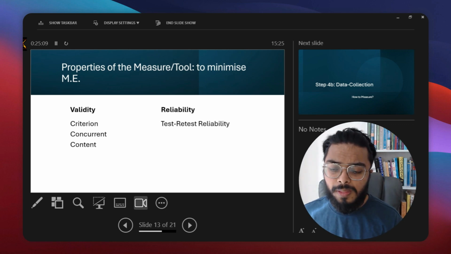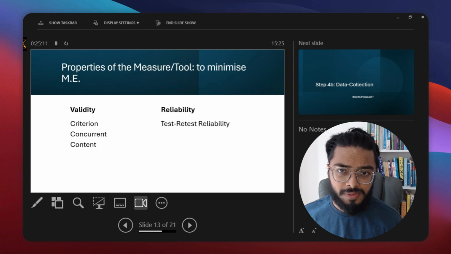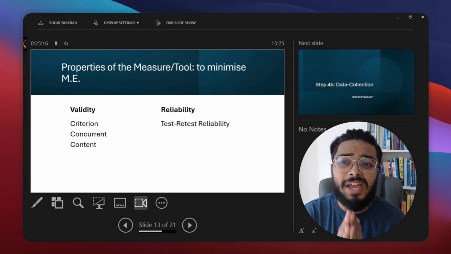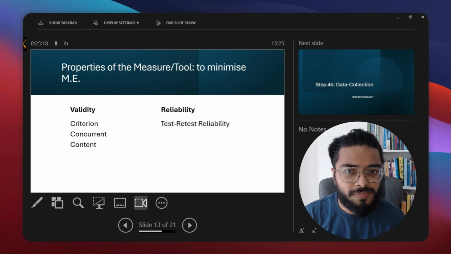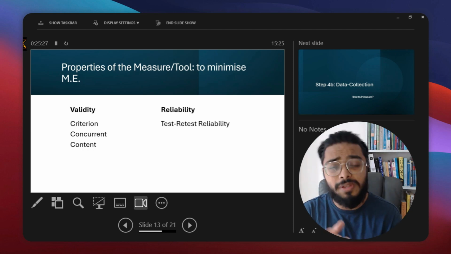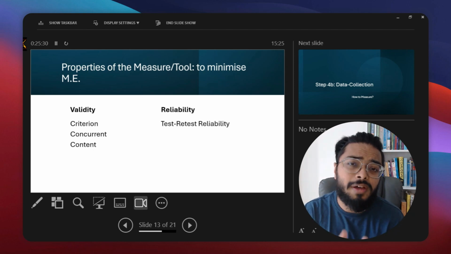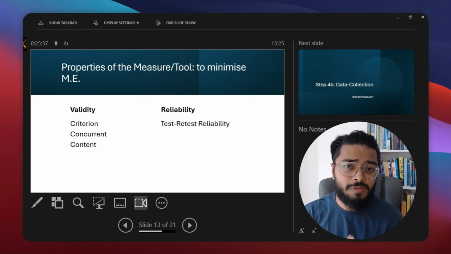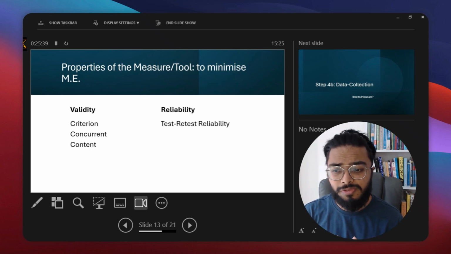Now, what's important to understand is that this tool needs to be as accurate as possible. There will be some measurement errors, even if it's just 1% or 0.001% or whatever. The chances are very high that it will have some form of measurement error, and our goal as researchers is to make sure that our tool does not have a lot of measurement error.